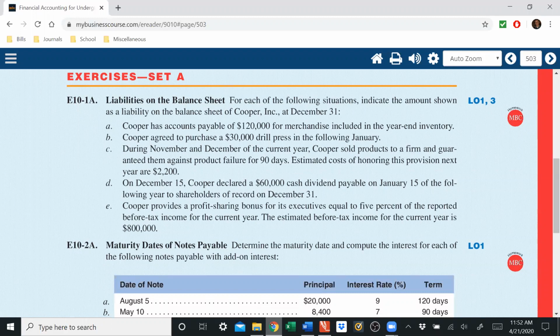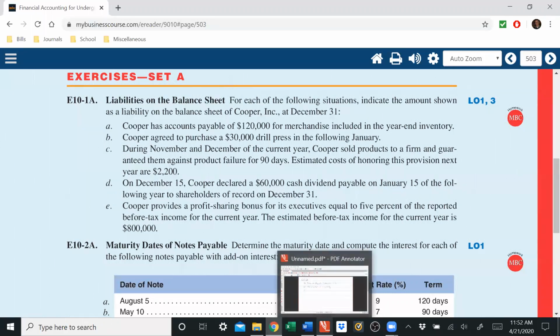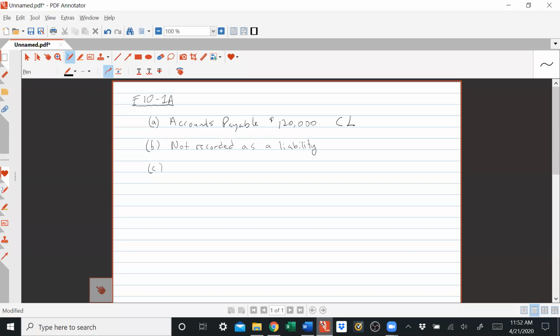They're going to have to pay that. It's kind of like a warranty. And so from the standpoint of this year, it's $2,200 of current liability. More specifically, it's an estimated liability for product warranties.